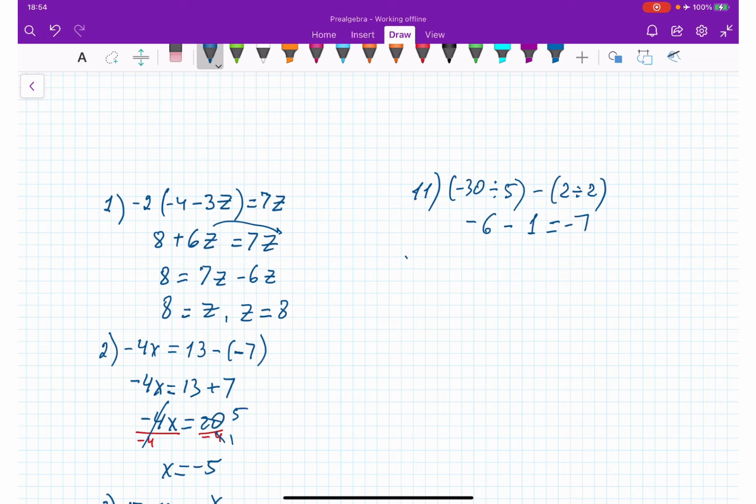Number 12. 8 times negative 15 divided by the square bracket 5 times negative 8 minus 3 times negative 13.